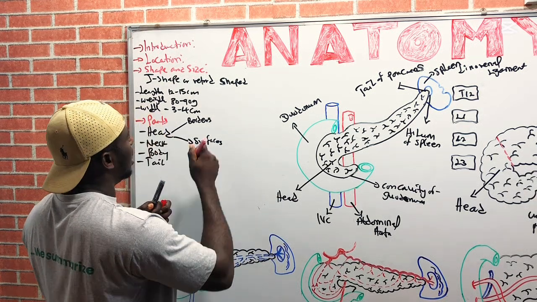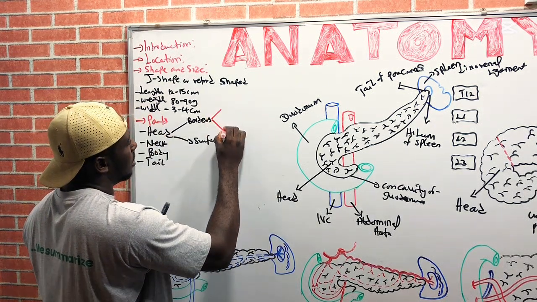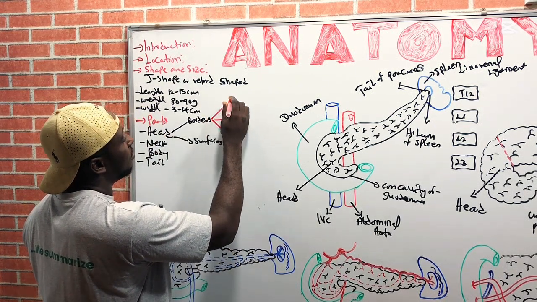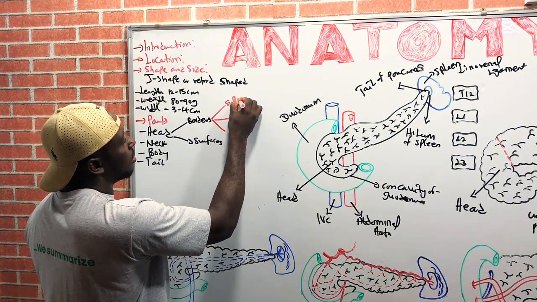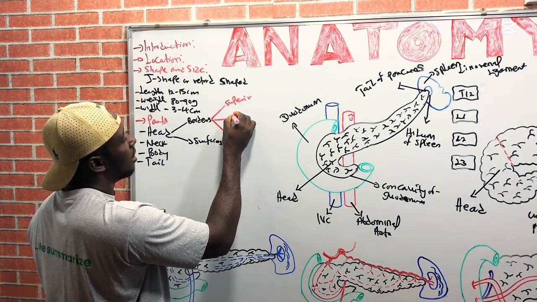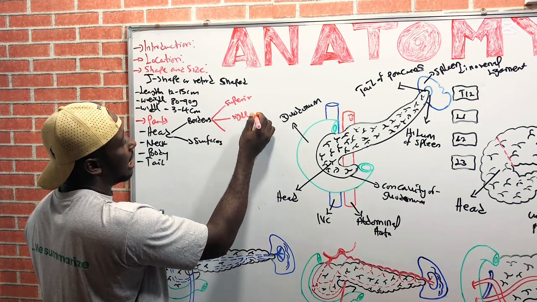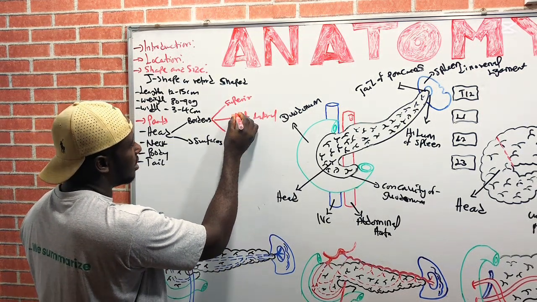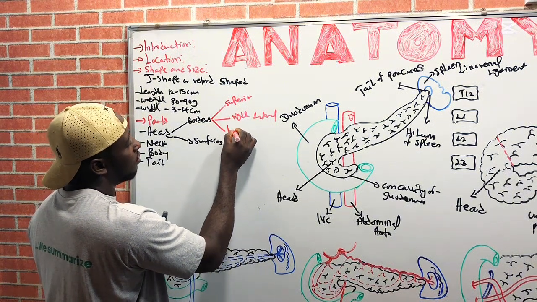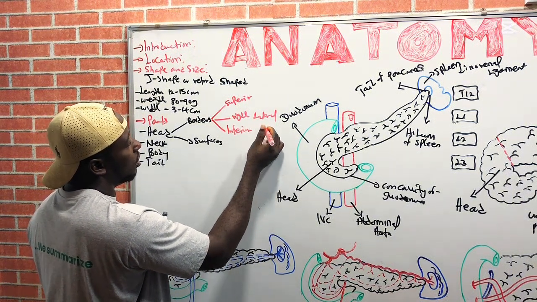On the area of the borders, we have the superior border, the right lateral border, and the inferior border.